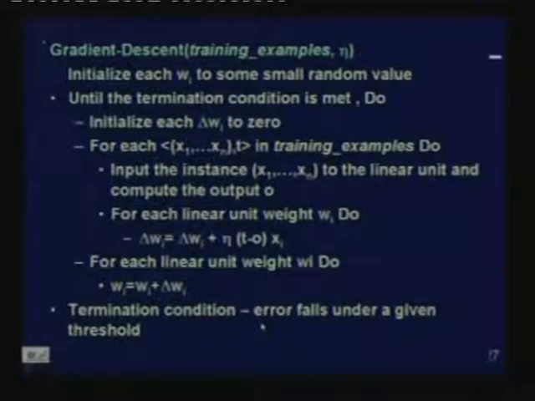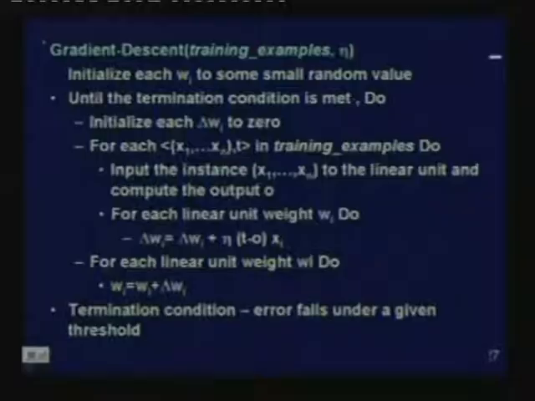So, to sum it up, we have the following algorithm for performing gradient descent on a linear unit, given a set of training examples capital D and where we have n inputs. The algorithm proceeds as follows.